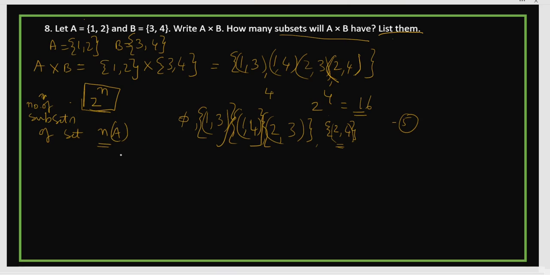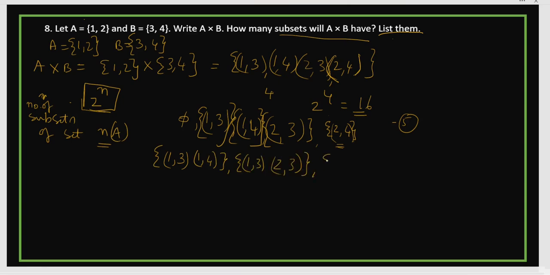Next, we'll take the subsets with two elements. We have taken individually every ordered pair. Now {1 3, 1 4}, then {1 3, 2 3}.